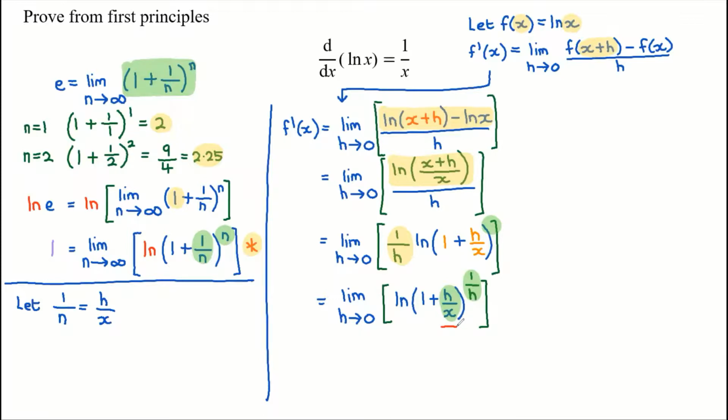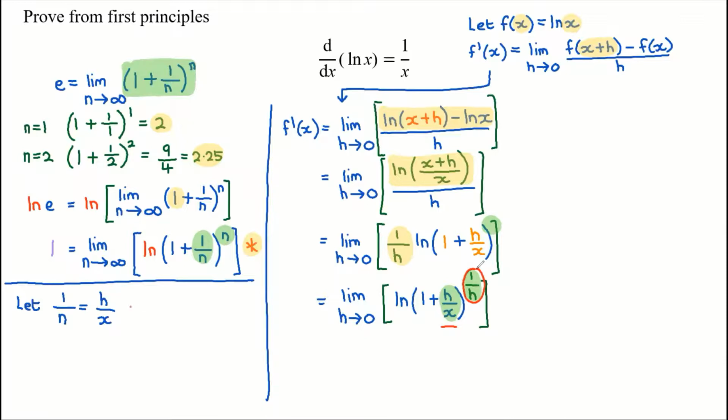But I've got to make sure that this doesn't interfere with what I've got in the power. And what I mean by that is I'm not going to get something that clearly just disproves the whole thing. So I'm also going to have to find out what 1 over h is equal to as well.